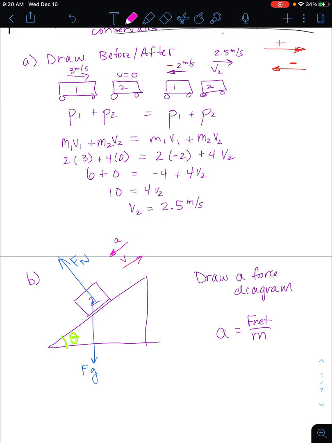And so looking at the direction I'm accelerating, I want forces that are parallel to that acceleration and perpendicular to that acceleration. That helps me know that this is the axis that I would like to be looking at right here, where things are parallel to my motion and perpendicular to my motion.